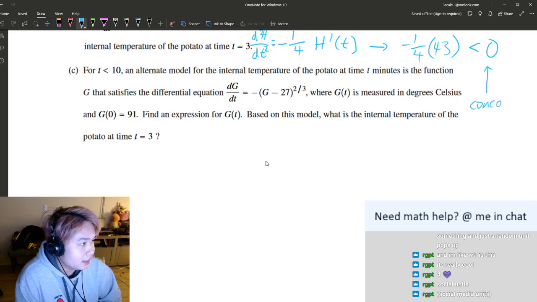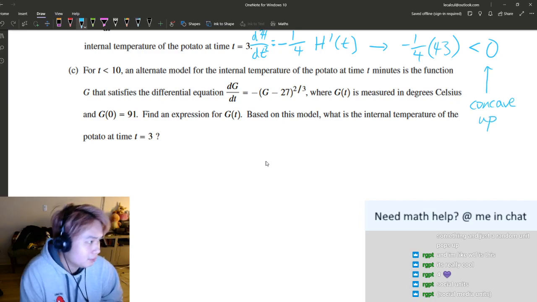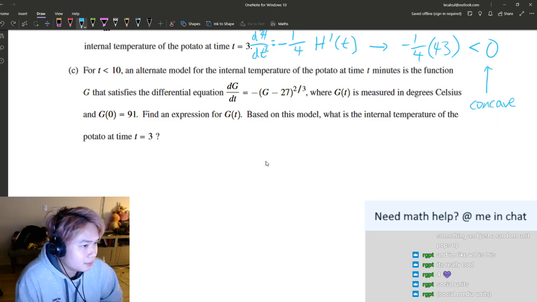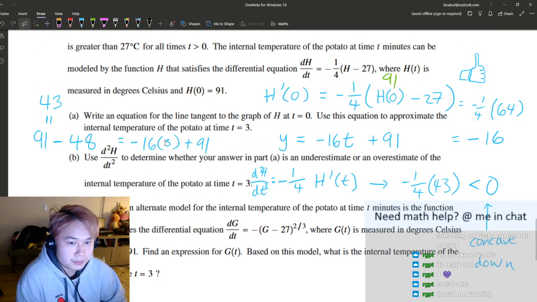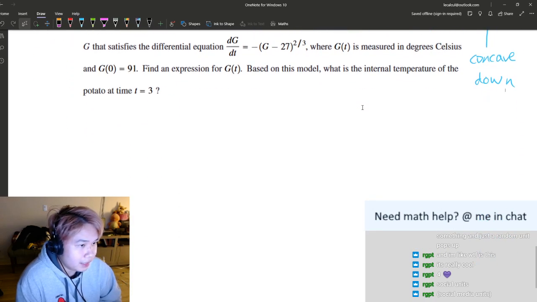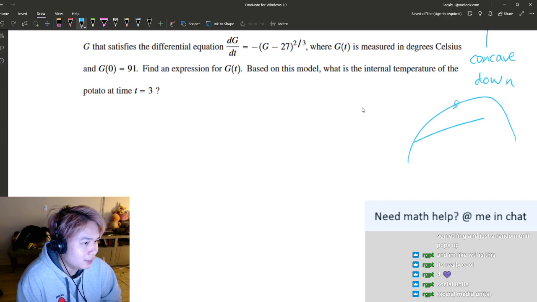So this is concave up or down. So if your actual function is like this, and then you're concave down, then you're an overestimate, right?